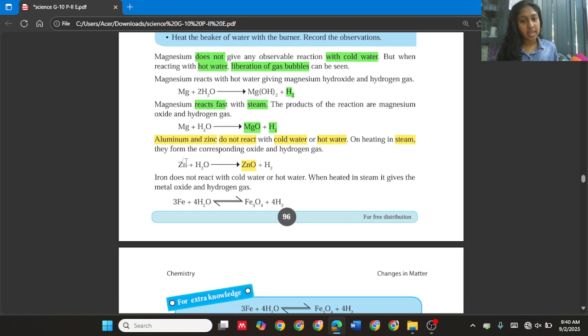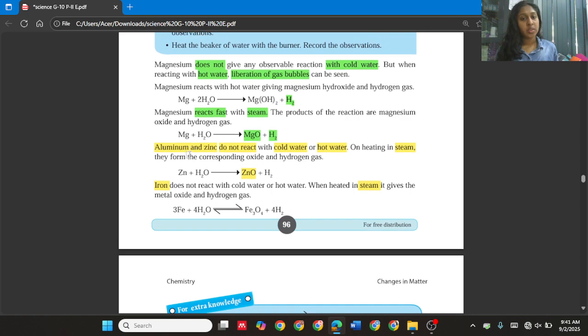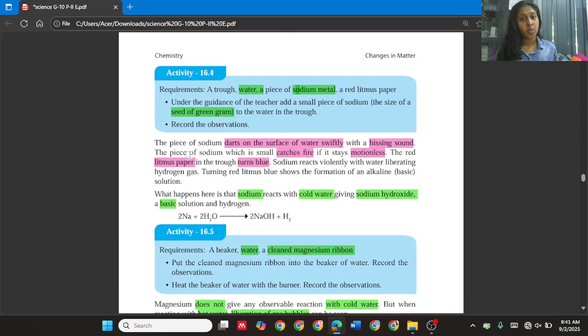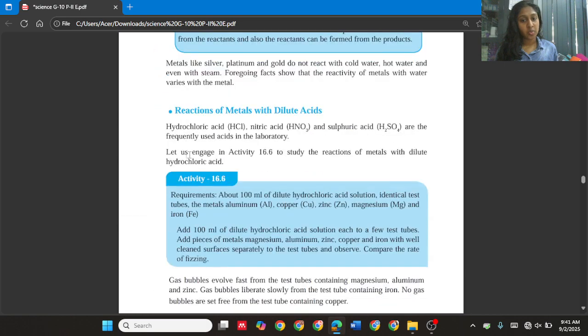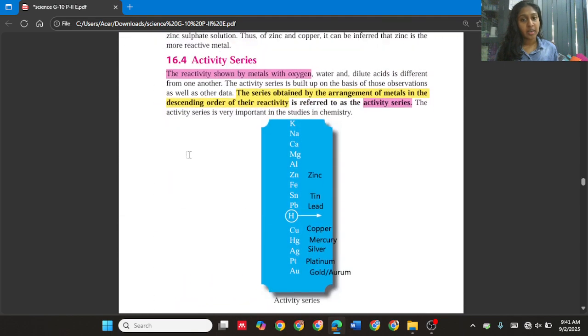Iron does not react with cold water or hot water. When heated in steam, it gives a metal oxide and hydrogen gas, the same as aluminium and zinc. So the most reactive one which reacts with cold water is sodium. That's why sodium lies as the second metal in the activity series.